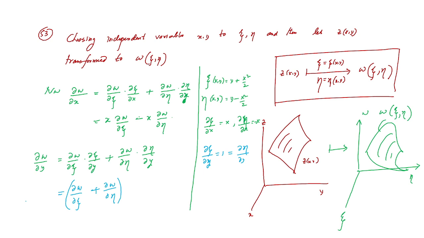Now we will calculate del 2 omega del x square. So that means del x of del omega del x.